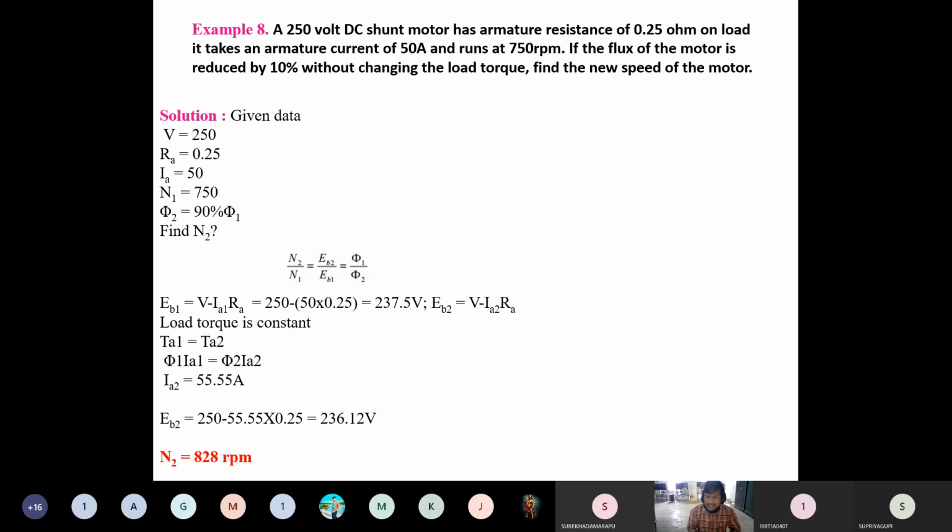What are we doing in the armature control method? We are adding some extra resistance with the help of a rheostat. Whenever we add the extra resistance with the help of a rheostat, the armature resistance increases. When armature resistance increases, armature current decreases. Armature current decreases means back EMF decreases, such that speed decreases.